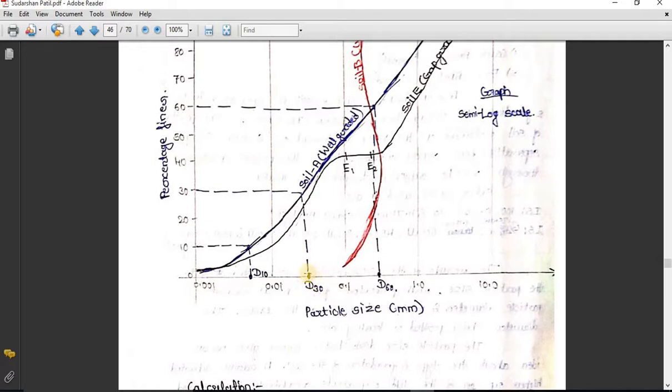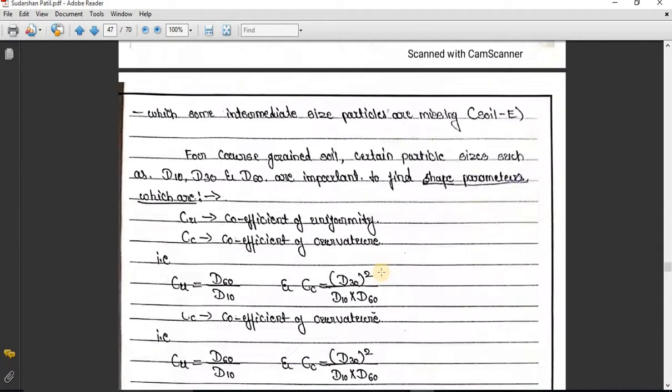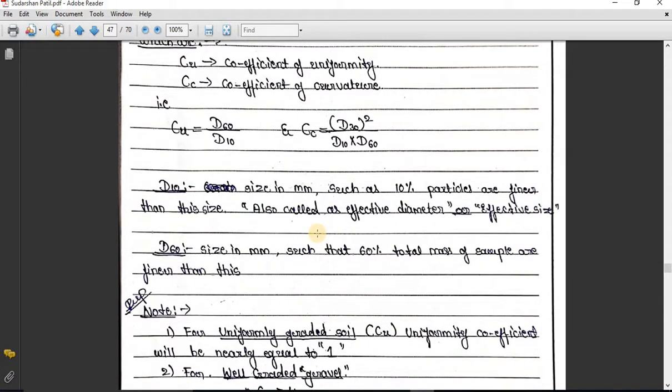D30 is a size in mm through which 30% of the particles are finer. D60 is the size in mm through which 60% of particles are finer than that particular size. So we are going to find D10, D30 and D60 like this. So by using these D10, D30, D60, we can calculate CU and CC.